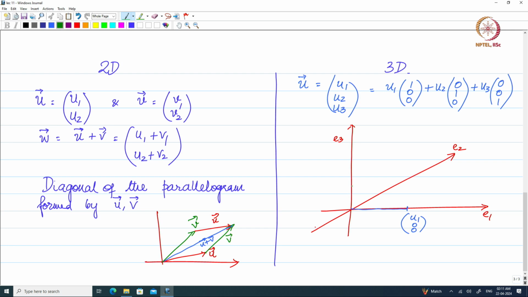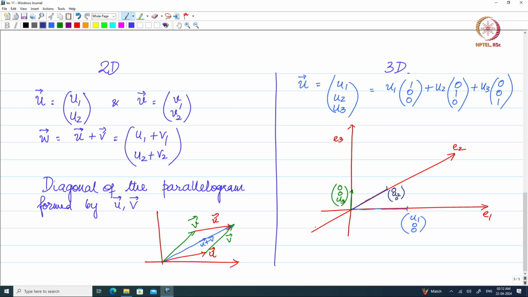This is going to be 0 0 u3, that is the direction of this vector 0 0 u3, and let us take one more along this direction. Let us call this vector 0 u2 0. Now, how do all these things look like? That is what we need to see.